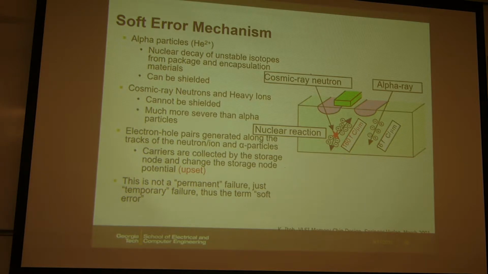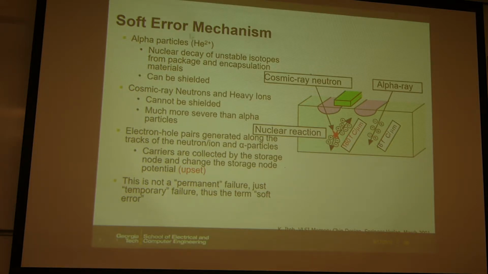If you rewrite your data back into your memory cell, then you can correct the data. It's not like the cell is stuck at 0 or stuck at 1. It's just a temporal flip from 1 to 0 or 0 to 1. If it is stuck, then it's called a hard error.